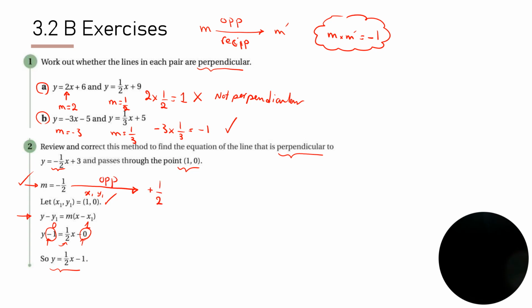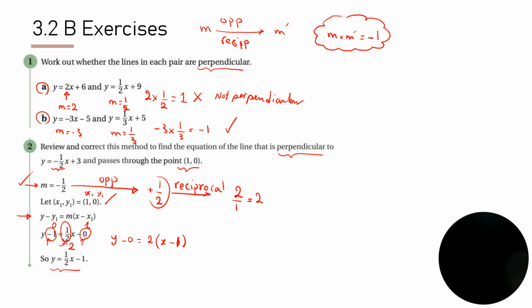This is opposite, but we also must make it reciprocal. Reciprocal means if it's a fraction, you have to flip the fraction. So it will be 2/1, which is 2. So the gradient that is substituted here must be 2. If we fix these mistakes, then it will be y minus 0 equals 2 times x minus 1.